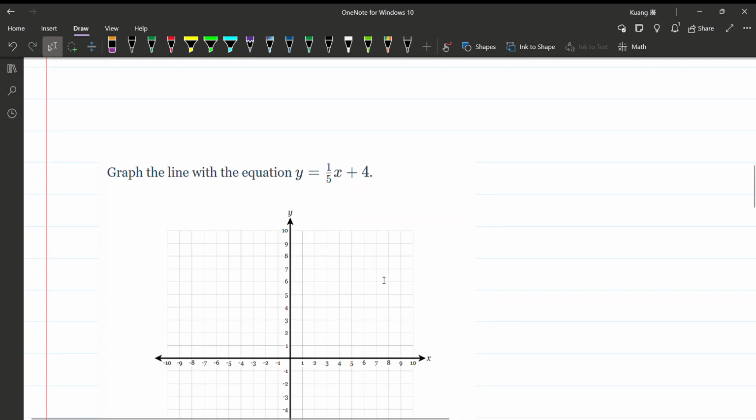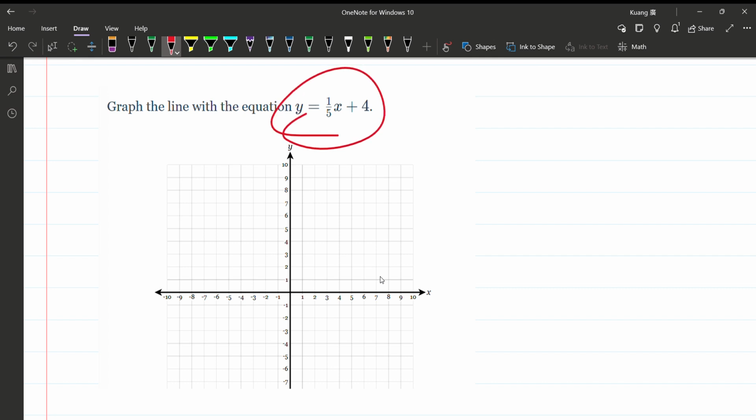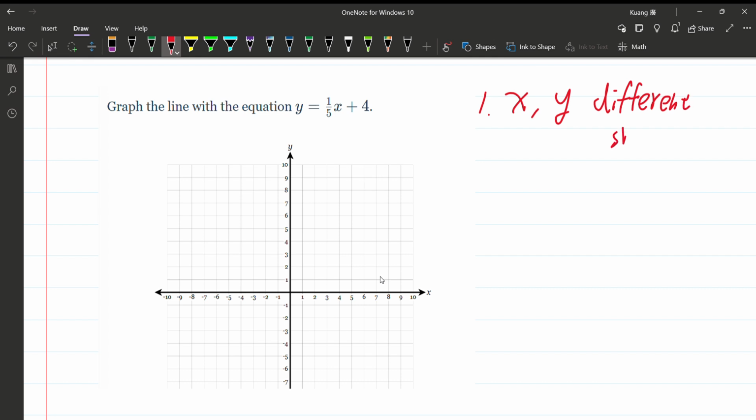Okay, the next one is how to graph the line from the standard form. Okay, this is standard form. Standard form has two things. First, x and y are on different sides, one left, one right.